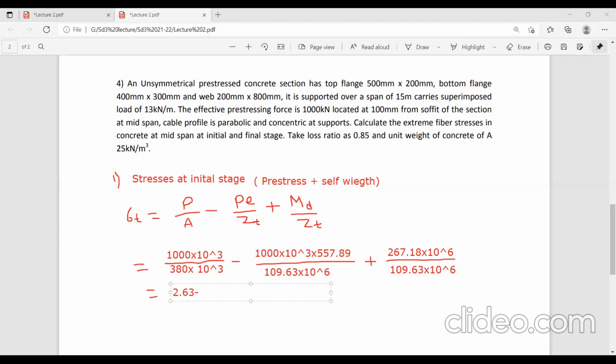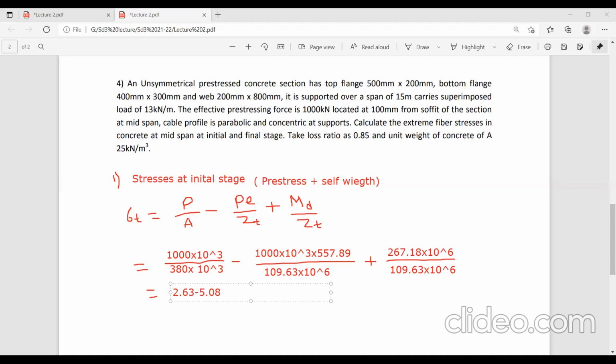Minus next term, 1000 into 10 raised to power 3 into 557.89 divided by 109.63 into 10 raised to the power 6. How much is this one? 5.08, correct?